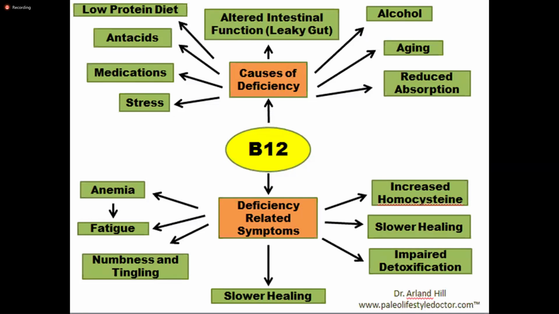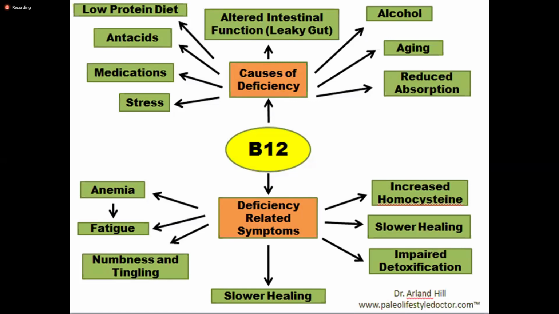Like the rules of economy, supply and demand: if the supply is less, the demand will be high, and if there is more supply, demand will be low. Similarly, vitamin B12 deficiency is related to diet, medicine, or a defect in the intestine like leaky gut. So these are the causes of deficiency.